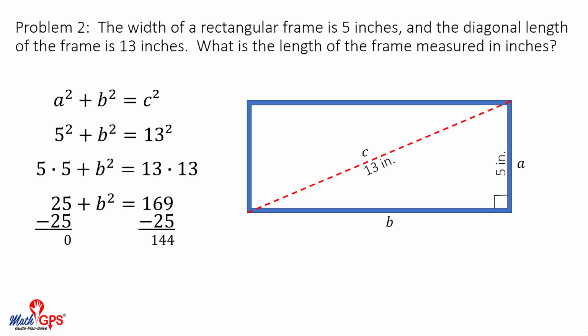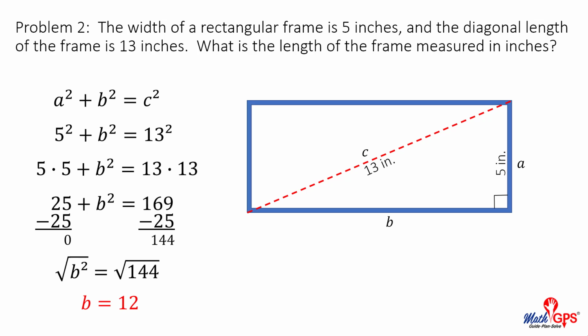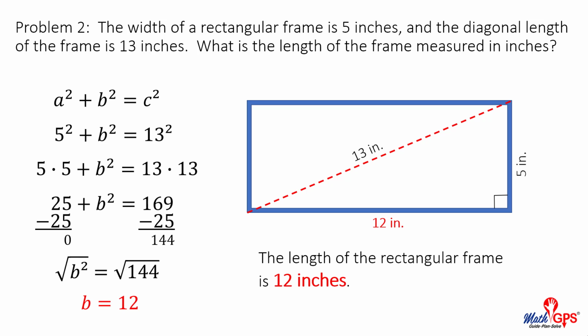To isolate the b variable, subtract 25 from each side of the equation. 25 minus 25 equals 0. 169 minus 25 equals 144. b squared is equal to 144. Now we determine the square root of each side. b is equal to 12. The length of the rectangular frame is 12 inches.